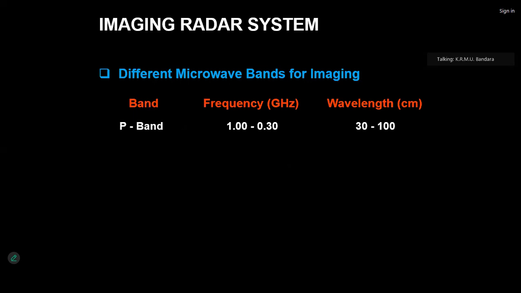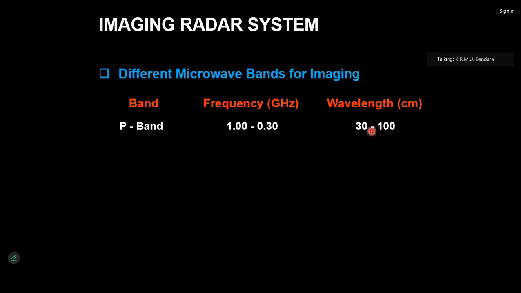Different microwave bands for imaging. The first is the P band, between 30 centimeters and 100 centimeters, in the ultra high frequency area, about 0.3 to 1 gigahertz. 100 centimeters is equal to 1 meter, so it is 30 centimeters to 1 meter.